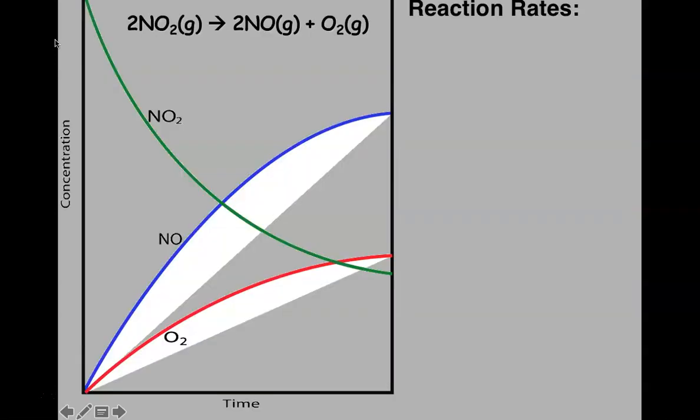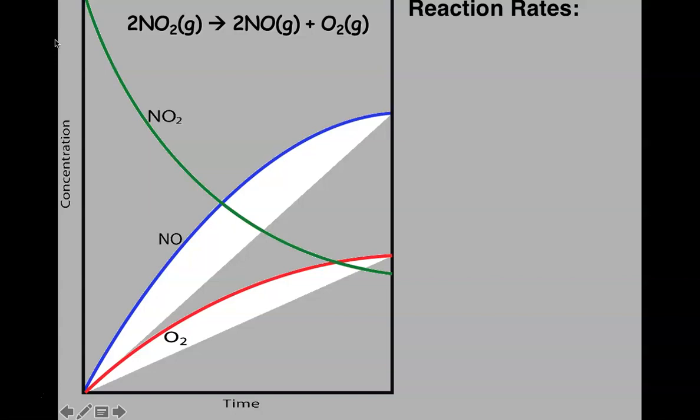So here's a reaction, just generally speaking. Nitrogen dioxide goes to nitrogen monoxide and oxygen. You can see there's a relationship between these three lines. If we look at the green line and the blue line, how do they relate to one another?